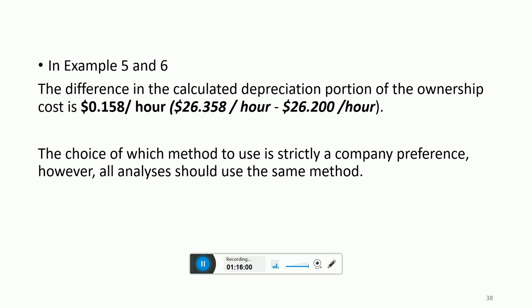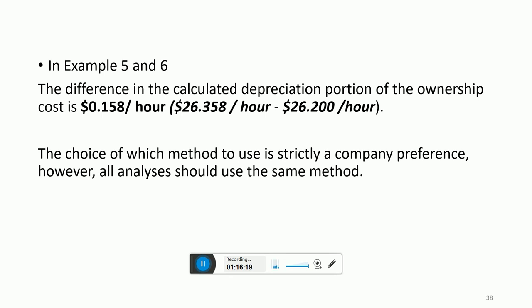So there is no single solution to calculate ownership cost. The best approach is to perform several analyses using different assumptions and to be guided by the range of solutions. If we have a range of solutions, then we can choose which is the best one.